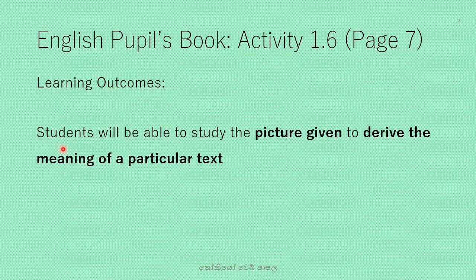You, the students, will be able to study the picture given and to derive the meaning of a particular text. That means you will be given some pictures which you need to monitor carefully and try to map to some given texts.